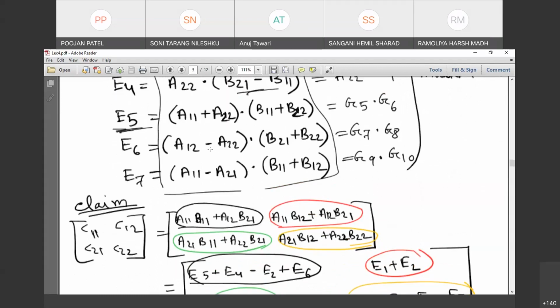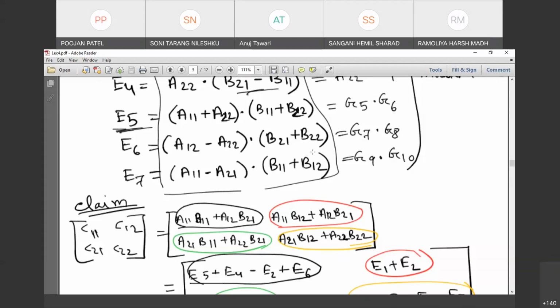Yeah, sure. No problem. So how much time do you need for this addition? It is order of n square by 4, or n square exactly. For each addition and subtraction, sure. For each addition, we need order n square.